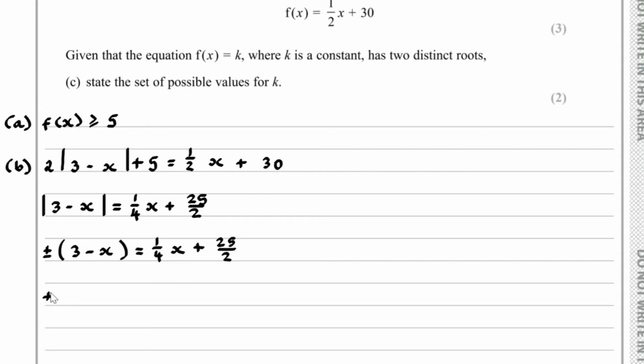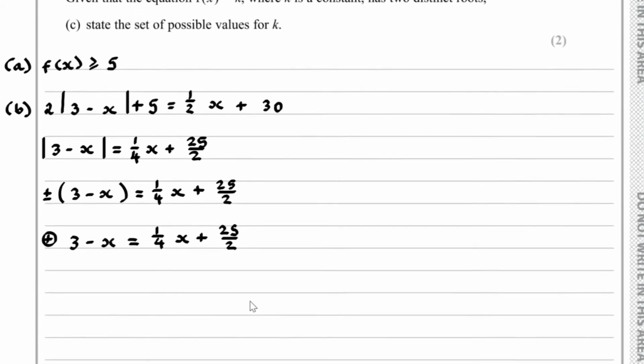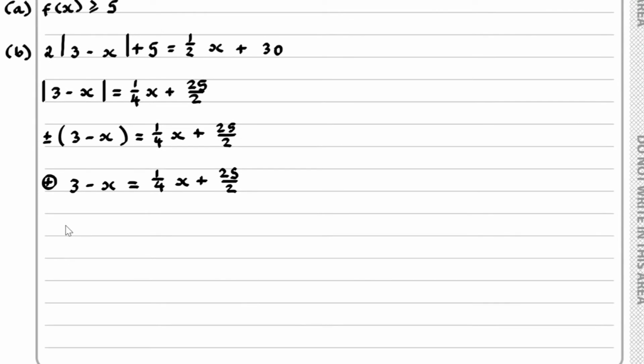So if I consider the positive, I've got 3 minus x equals 1/4 x plus 25 over 2. And if I solve for x here, x would equal minus 38 over 5. And if I consider the negative, I would have negative 3 minus x, which is x minus 3.